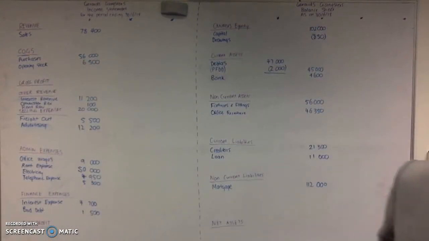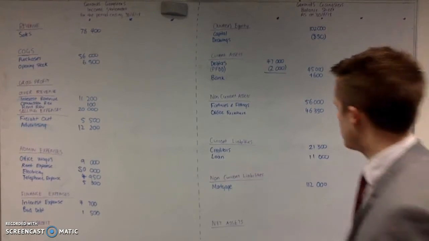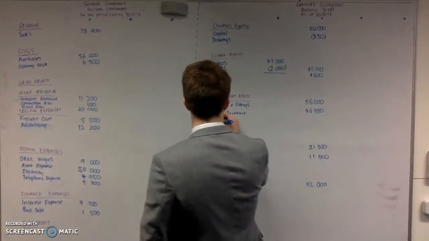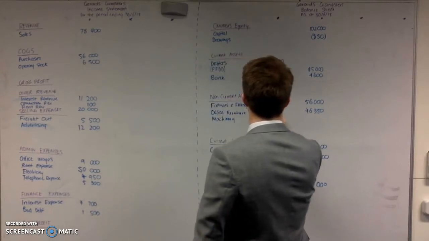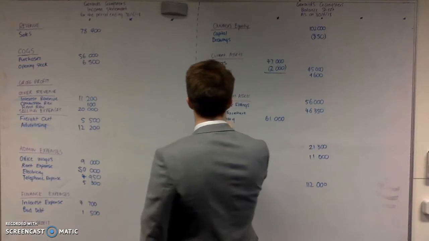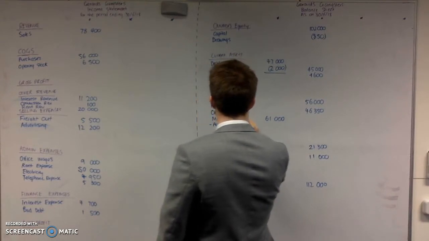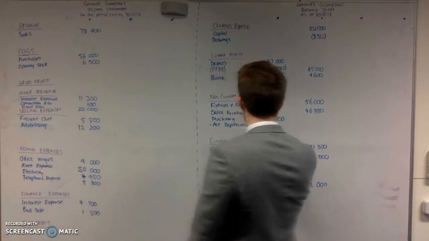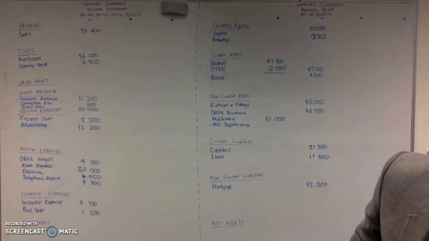Machinery. Okay, so this one we can see in the trial balance has accumulated depreciation, so we know that's going in the first column of the balance sheet. Machinery, $61,000, so that was the cost of the asset, minus accumulated depreciation for $21,000.